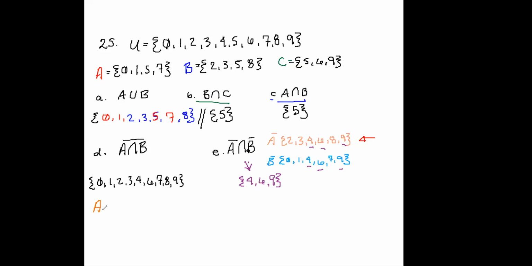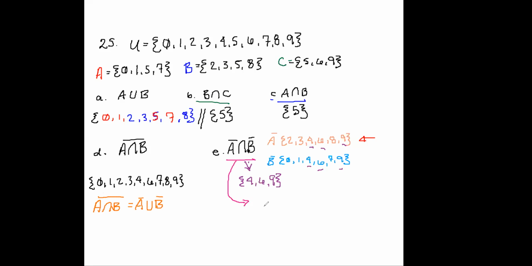So if I have A intersecting B, what else is that equal to that may be useful? The complement of A and the union of the complement of B. Exactly.